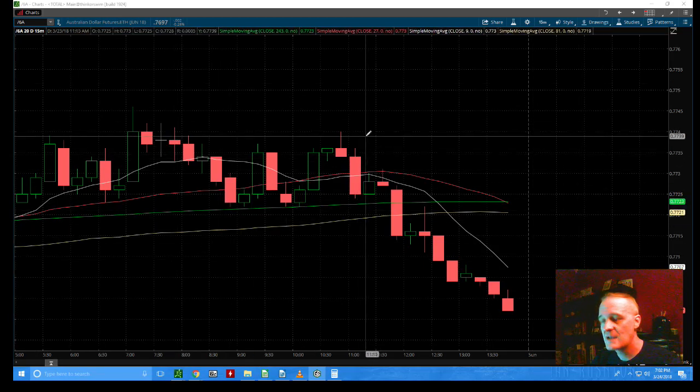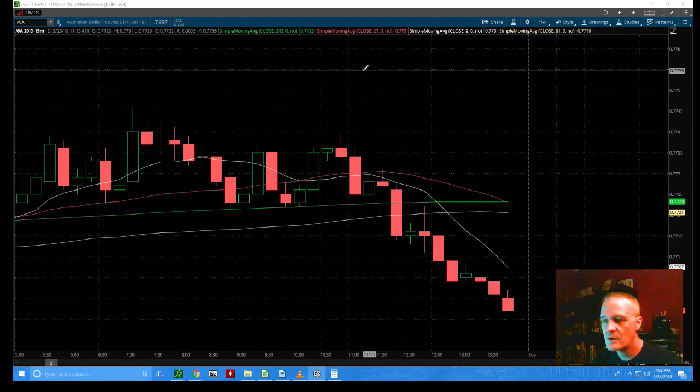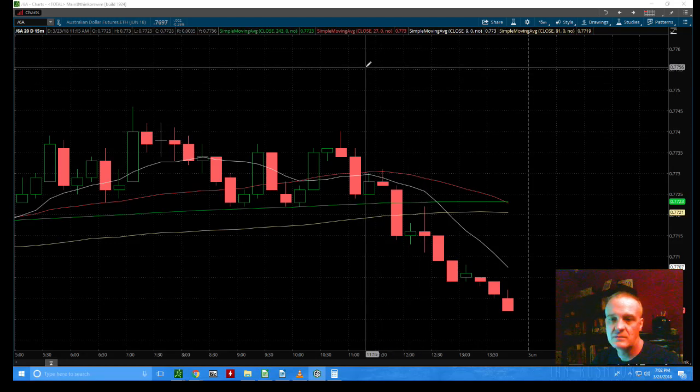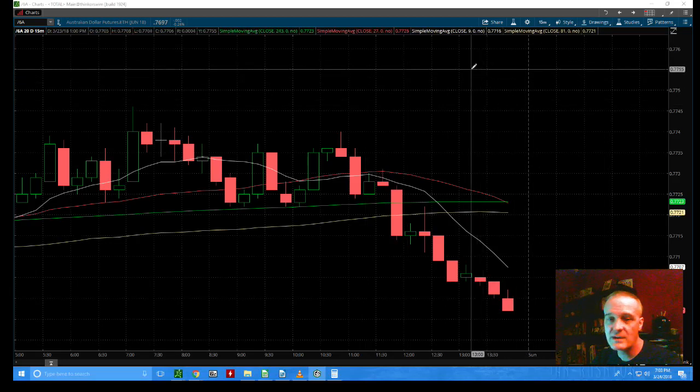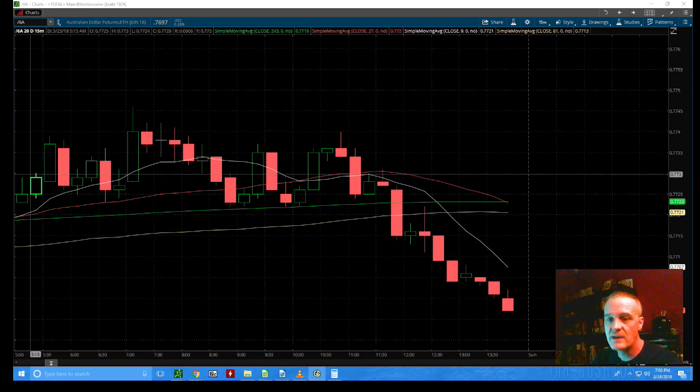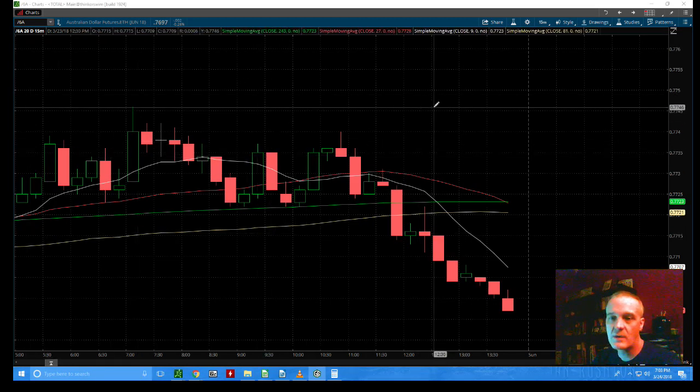In other words, a setup that has a high probability of being profitable or successful. Another way to put it is a setup that has a high probability of moving in your desired direction, whether it's up or down. If you're shorting, you want it to move down. If you're going long a position, you want it to go up.